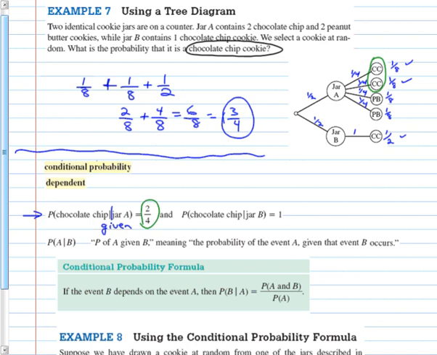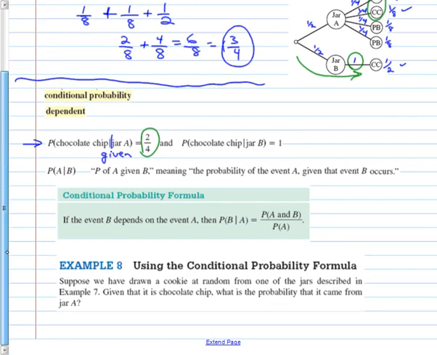So that's where they got this from. Given I already drew from jar A. Probability of getting a chocolate chip cookie, given that you already did jar B. Well, if I already did jar B, what's the probability of getting a chocolate chip cookie? It's 100%, 1. It's the only thing I can get. So that slash, it's a conditional probability, read given.